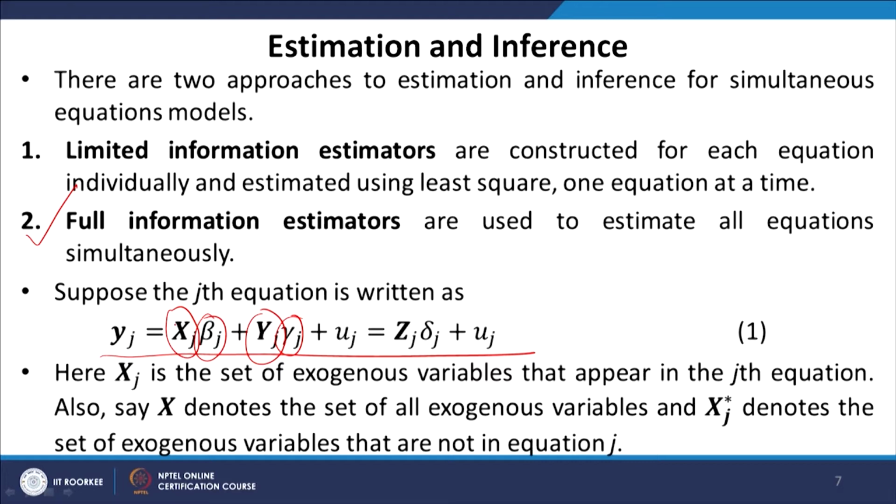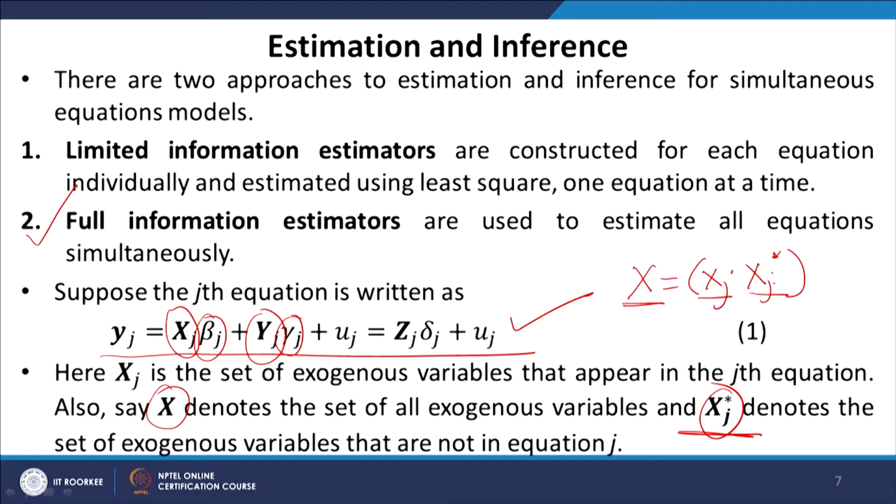Also, x denotes the set of all exogenous variables and xj star denotes the set of exogenous variables that are not in equation j. So, this consists of all those exogenous variables which do not appear in the jth equation. Therefore, my x consists of xj and xj star, which implies that the total set of exogenous variables is divided into two components, one which appears in the jth equation, the other which does not.